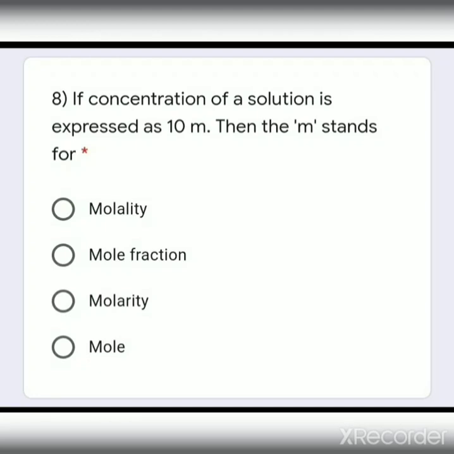Next question. If the concentration of the solution is expressed as 10 m, small m is represented here, then what does the small m stand for? As we have discussed in the case of solution, concentration can be represented in terms of molality, mole fraction, molarity. As I told you, the unit of molality is mole per kg.